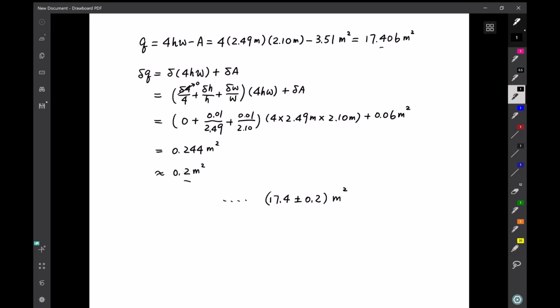We do allow 2 digits for the uncertainty. So if that's the case, you can also do this. Round this to 0.24 meters squared. If you do it that way, then your answer will be 17.41 plus or minus 0.24 meters squared.